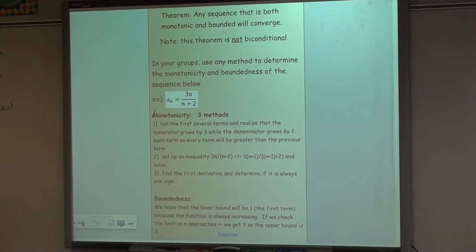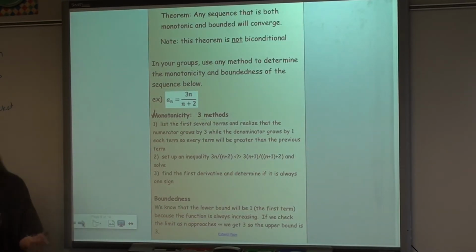Okay, theorem. Any sequence that is both monotonic and bounded will converge. Note, this theorem is not biconditional. That means that the other direction does not work. So, if any sequence converges, that does not necessarily mean that it is bounded and monotonic.